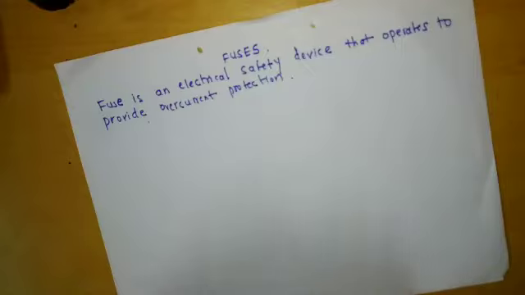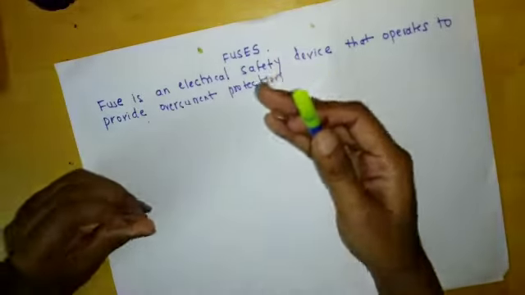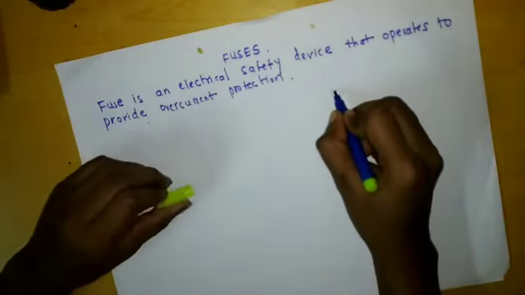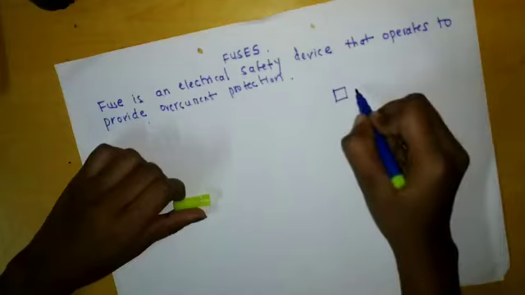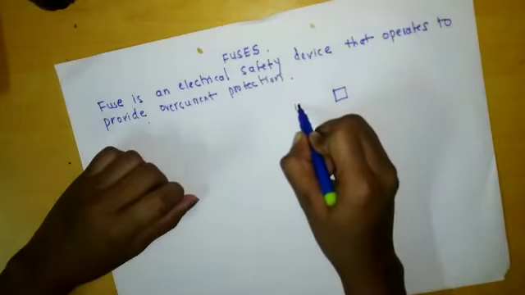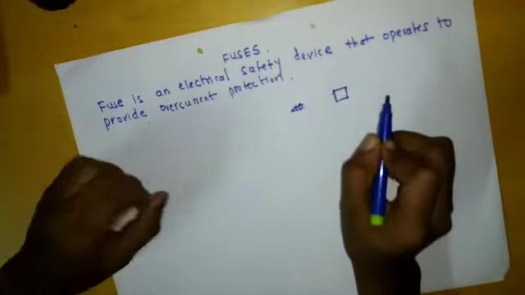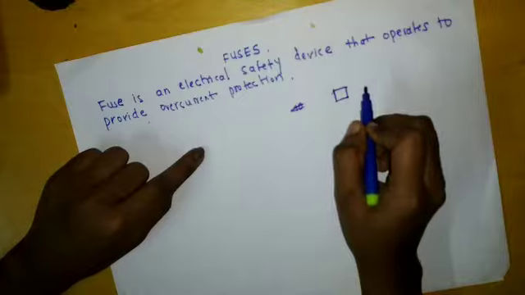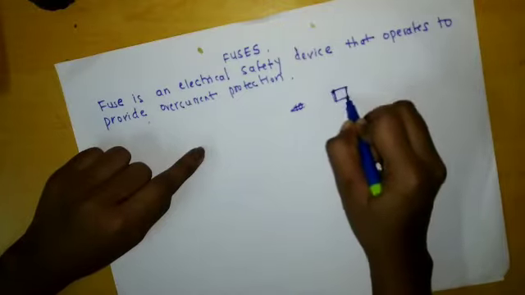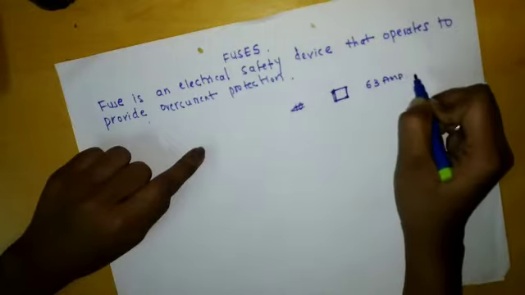So what will happen if the current is over or the current increases? So every device has a particular current rating. That means we have to give the particular amount of current to the particular object. Okay, so whenever the current exceeds that value, consider this is my appliance and it requires 63 amperes of current.